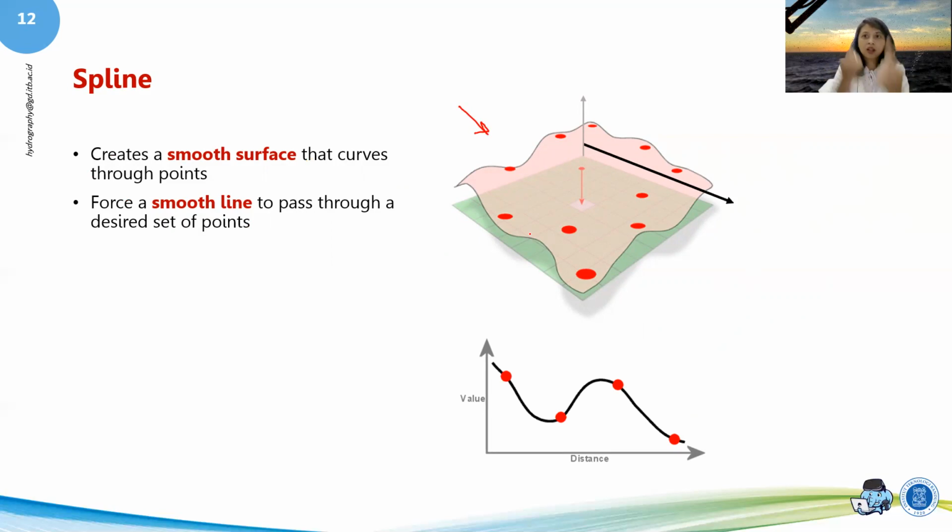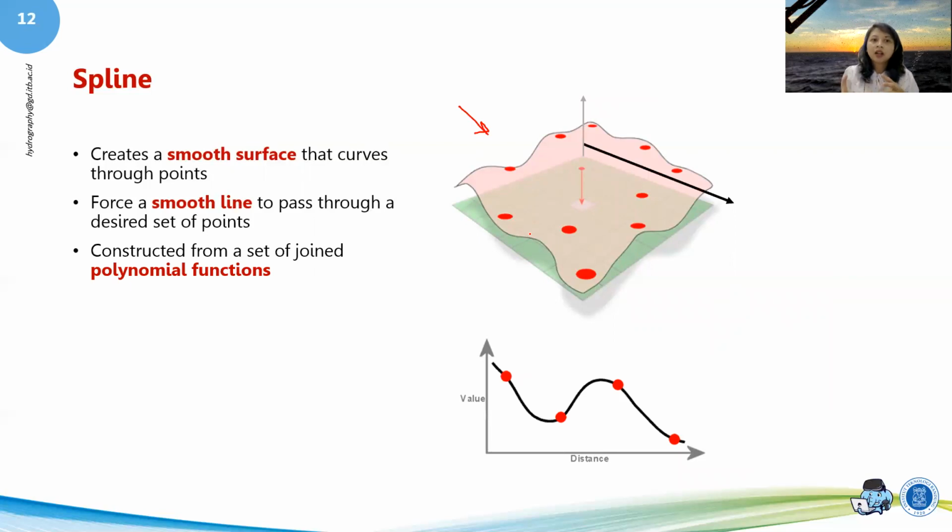It's just basically, okay, that one is high, that one is low, just like that. And then it is basically constructed from a set of joint polynomial functions. So you can say that, okay, there's a polynomial function to do that, and there's another polynomial function in that, there's another polynomial function in that. So it's actually a lot less complex than what we had in kriging.